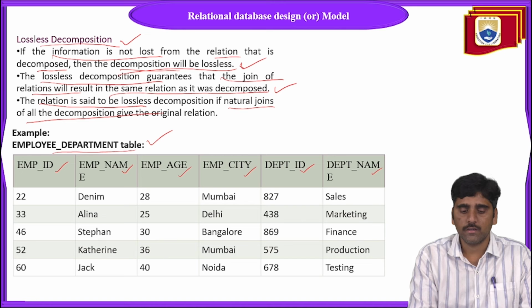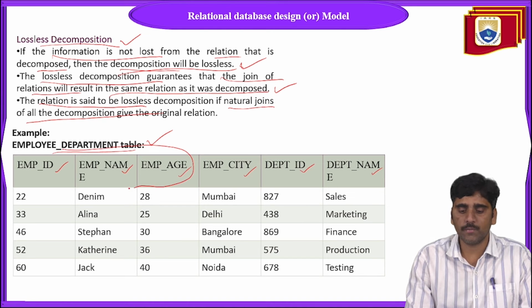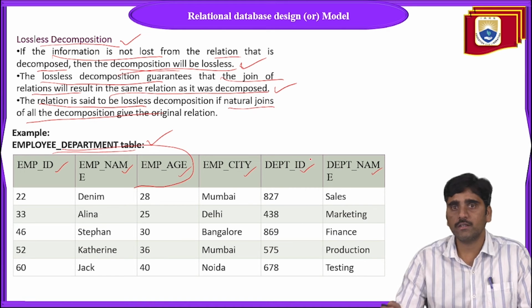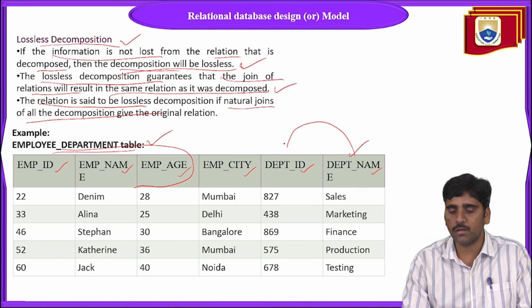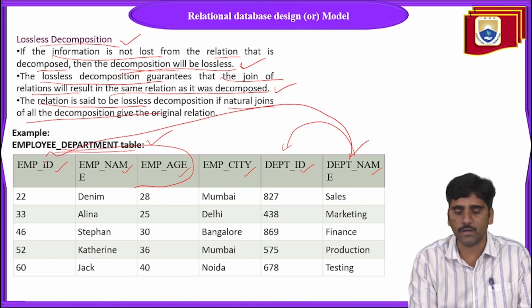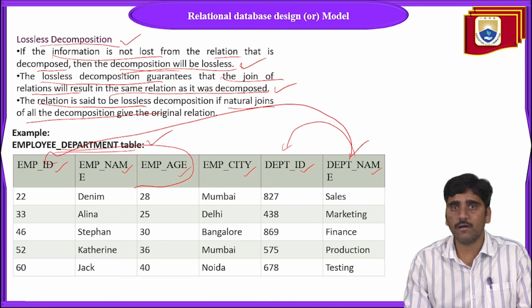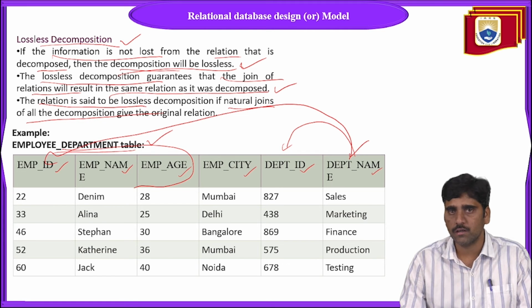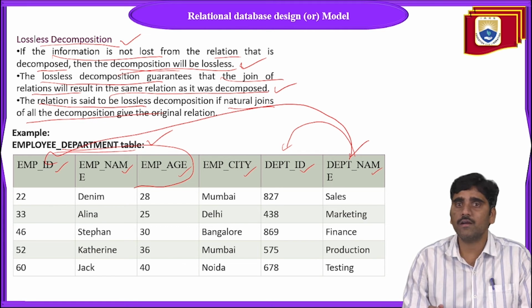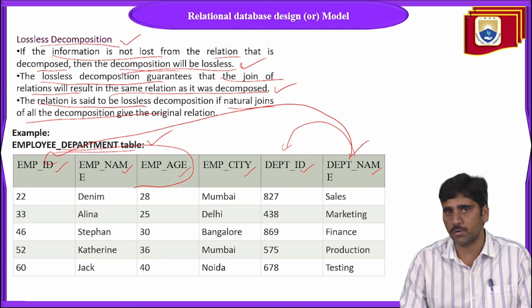Here, department name depends on department ID as well as employee ID. So the table is going to be decomposed because this is a complex structure of data, and we can decompose this table into two parts.